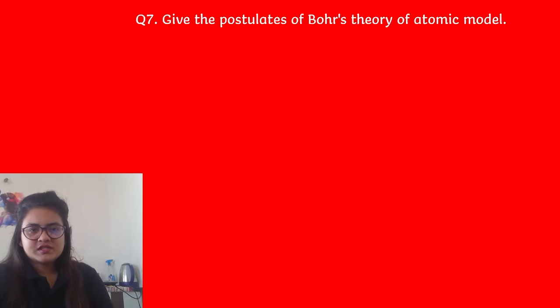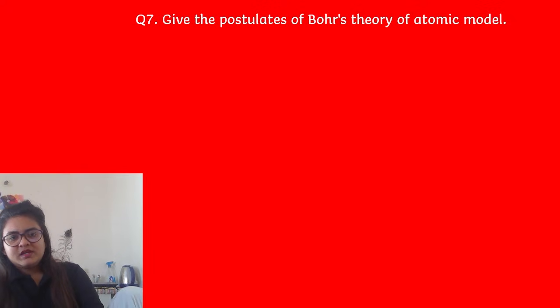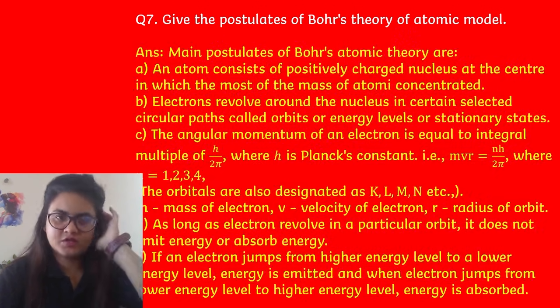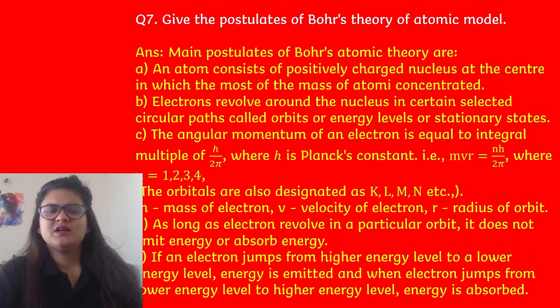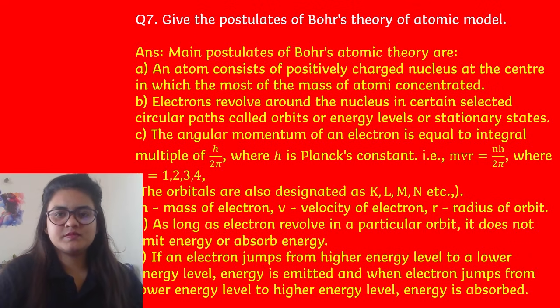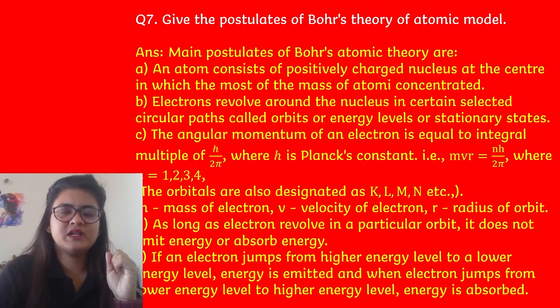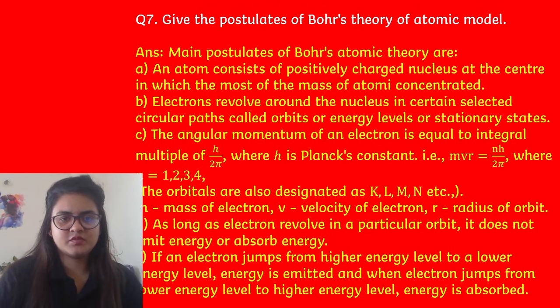Yeah, let's proceed further. Here you can see: give the postulates of Bohr's theory of atomic model. There are many postulates, you can just pick any 3, the most important ones. Definitely mention the stationary orbit and the angular momentum, that is mvr equals nh by 2 pi.